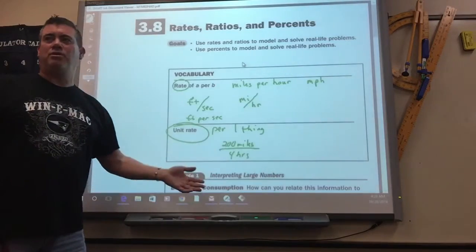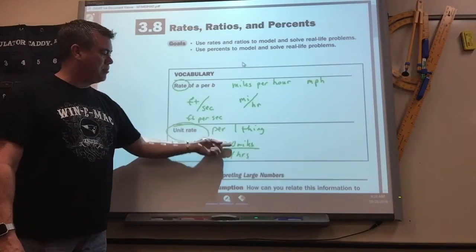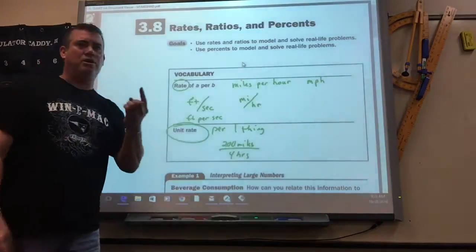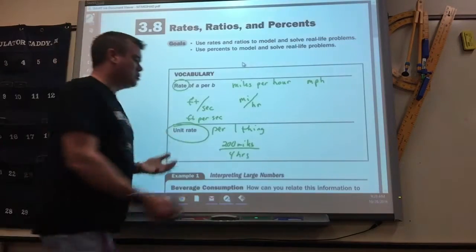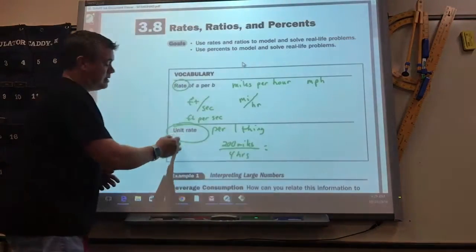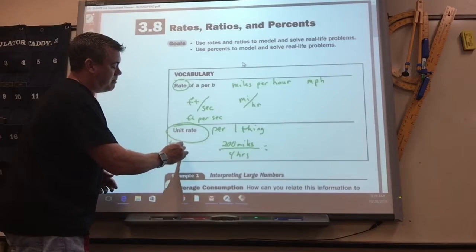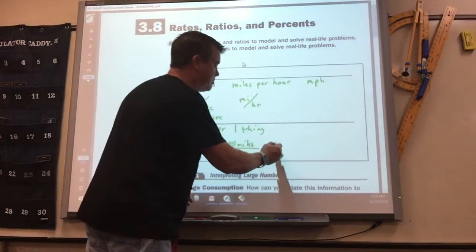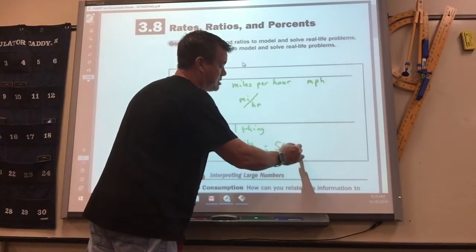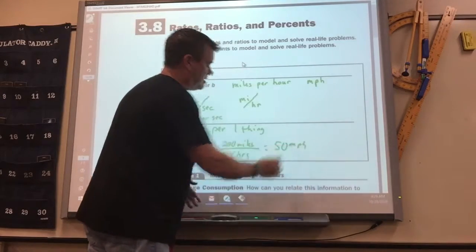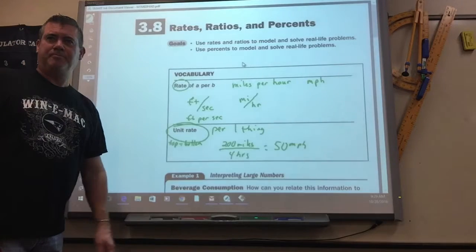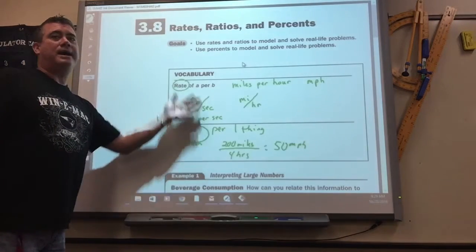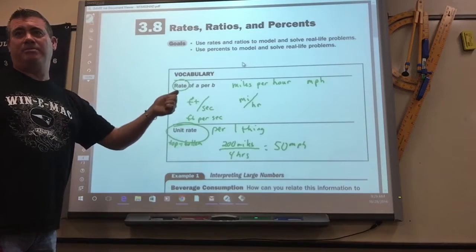But it's not a unit rate, because we want to know not how far you go in 4 hours, you want to know how many it is in 1 hour. So all you got to do to make a unit rate is you take the top divided by the bottom. Okay? 200 divided by 4 is 50, and then you could just label it miles per hour, because that's real common.